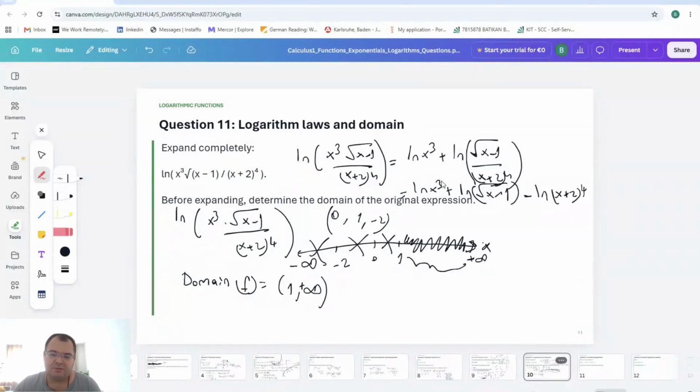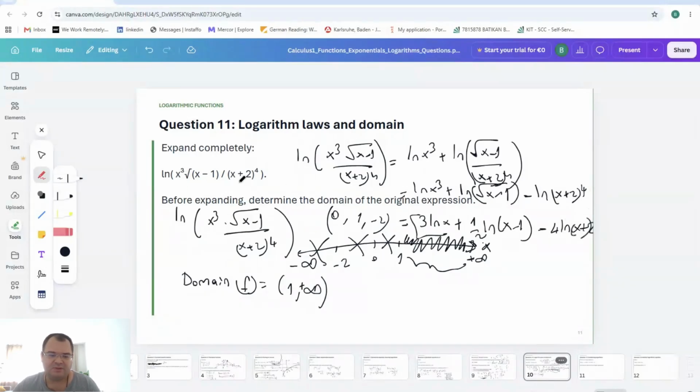So you have ln x to the 3, ln x minus 1 to the square root, where the square root is an exponent of 1 over 2, and the other exponent is 4. You can put those exponents outside of the logarithm also. You have 3 ln x plus 1 over 2 ln x minus 1 minus 4 ln x plus 2, which is the stretched form of the function.